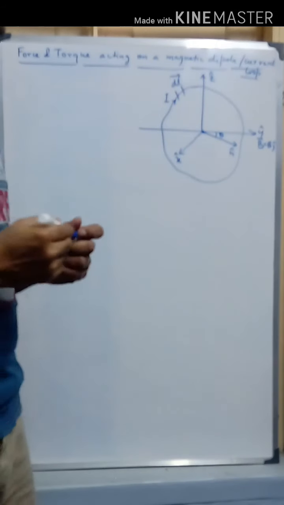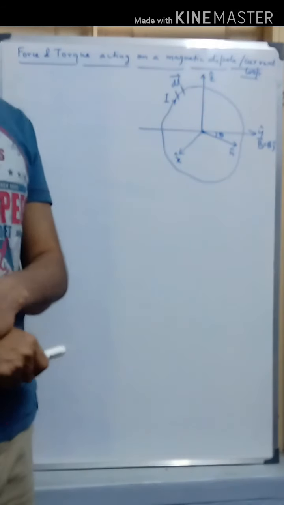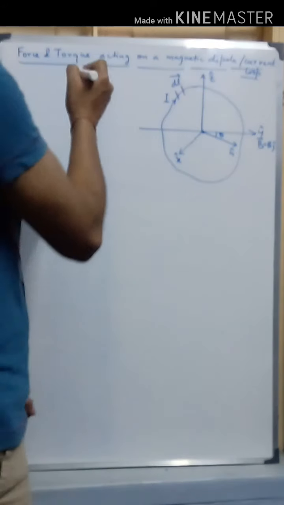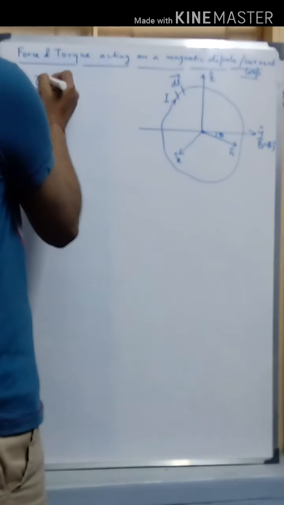Suppose we have a current carrying loop. I want to calculate the amount of torque acting on this.